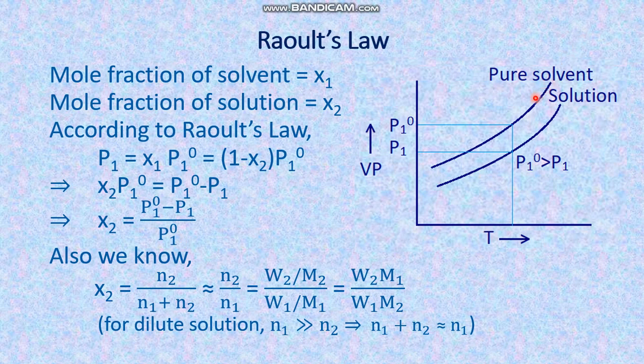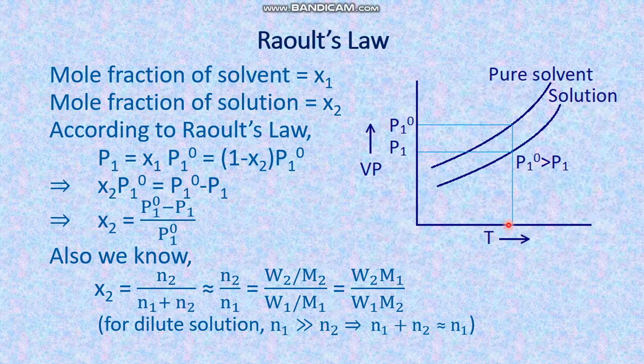Okay, now look at this graph. Here, this is the graph of the pure solvent, which is increasing with increase in temperature. But the same graph, if you plot in case of a solution, will always be placed below the graph of the pure solvent. It will go parallel, but it will always be below.